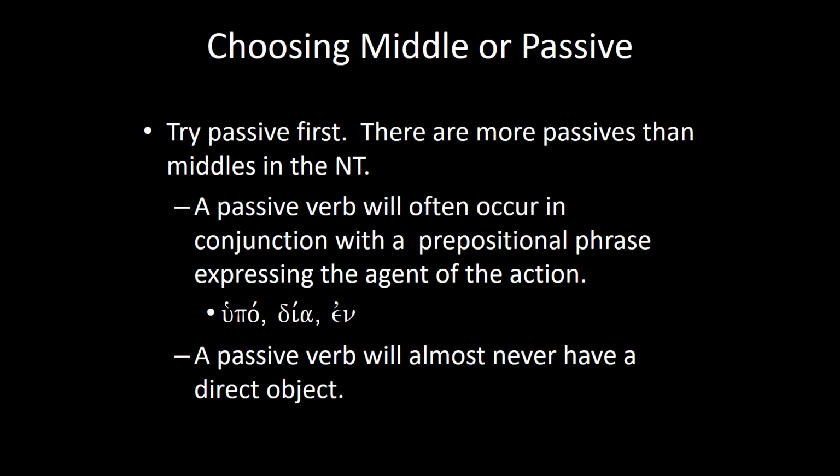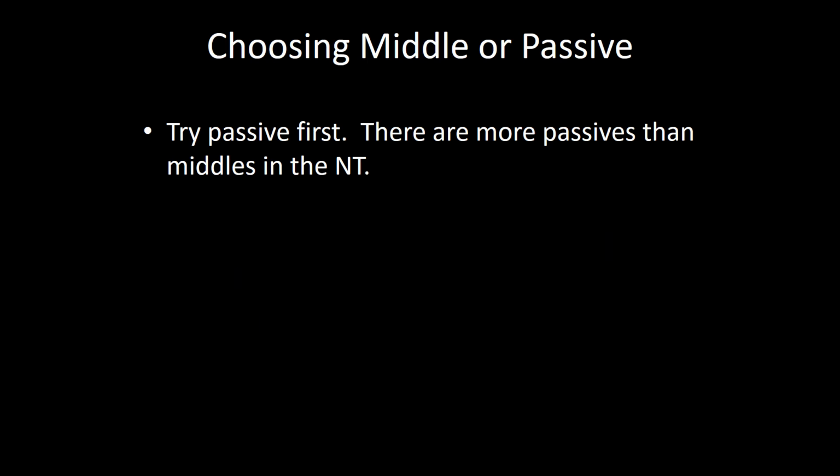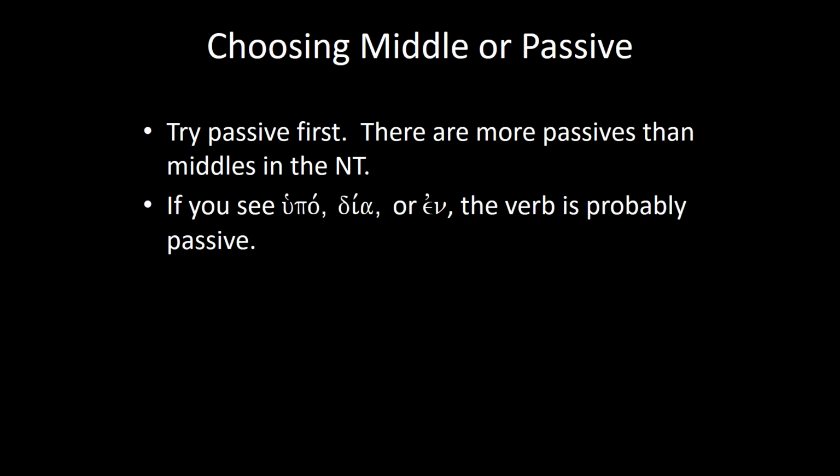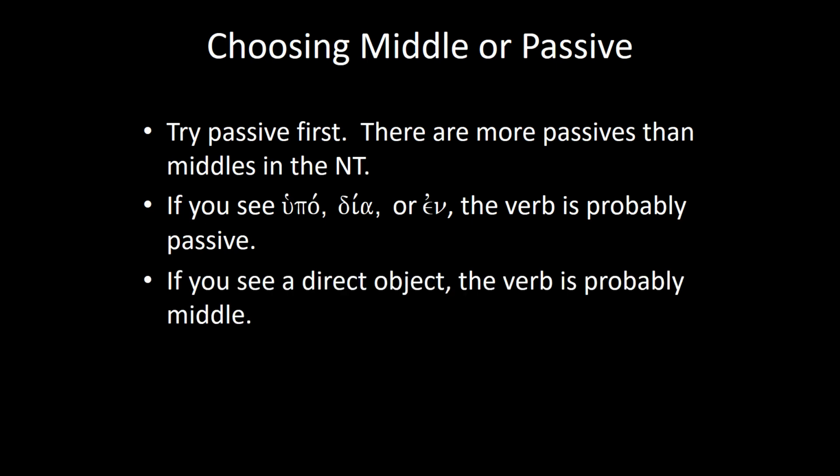And remember that a passive verb will almost never have a direct object. So if we see one of these agency phrases, a phrase beginning with hupo, dia, or en, then we're probably dealing with a passive verb. And if we see a direct object, it's probably a middle verb.